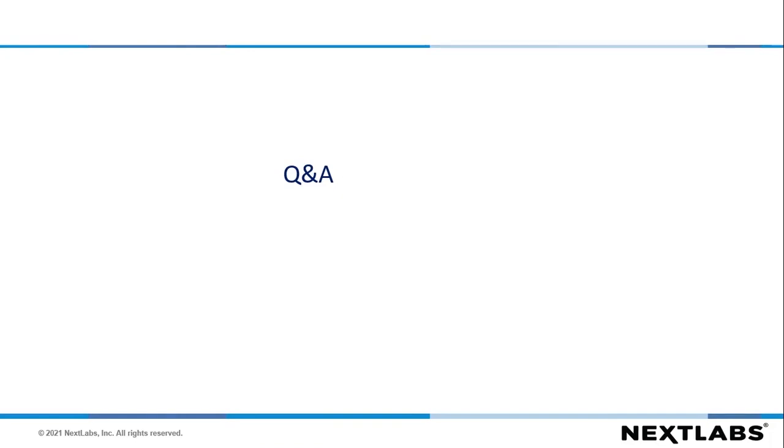I have another question here. Can one NextLabs solution instance be centrally used to integrate with multiple SAP GTS systems within an MNC for export controls of different countries, regions, jurisdictions? I believe the answer is yes, but I'll also defer to Pratap to provide more details. Yeah, that's correct, Tony.